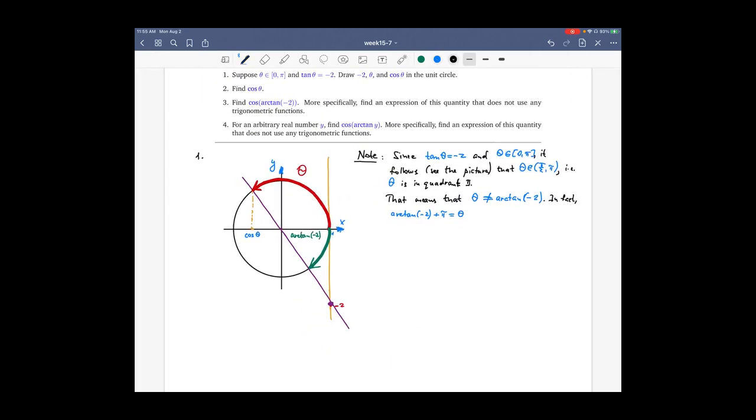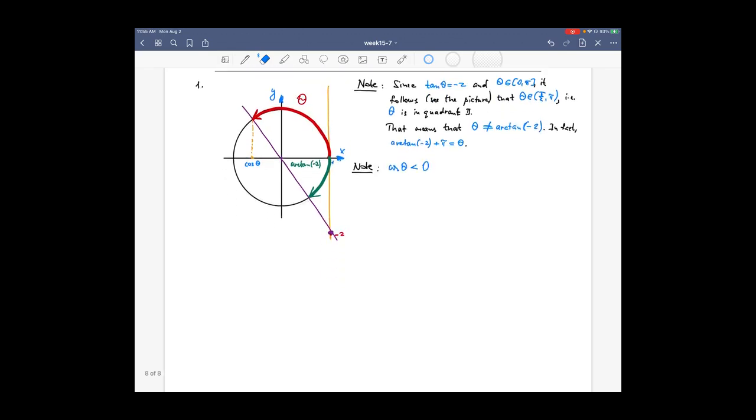In particular, it follows that, note again, that cosine theta is negative, theta is in quadrant 2. All right, so that finishes part 1 of this problem. Now, in part 2, we need to find cosine theta.